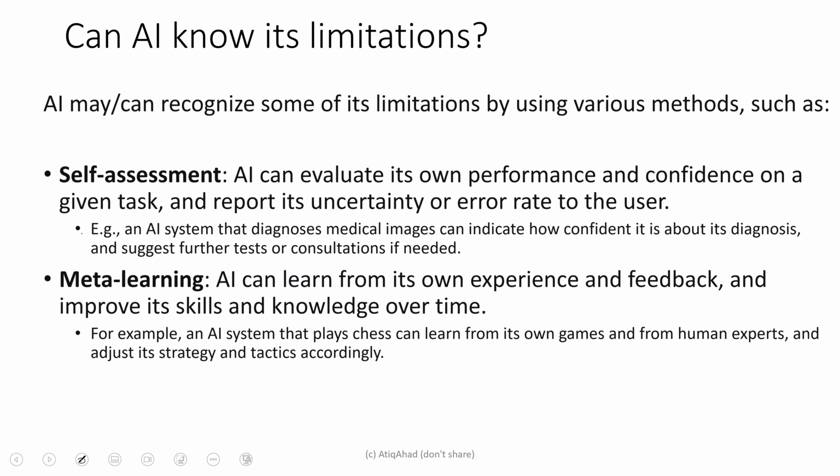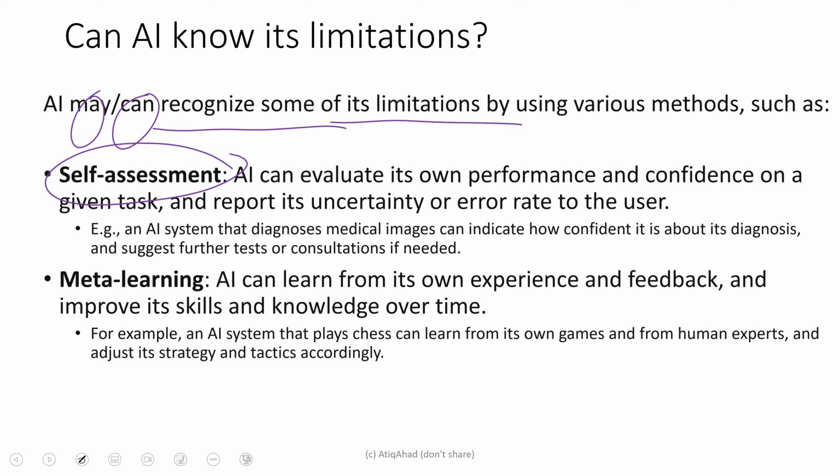So can AI know its limitations? AI may recognize some of its limitations by using various methods like self-assessment. Michael Jackson has a song, you remember, about looking in front of the mirror and asking yourself why there is this and that. Amazing perspective, philosophically, and a wonderful song.